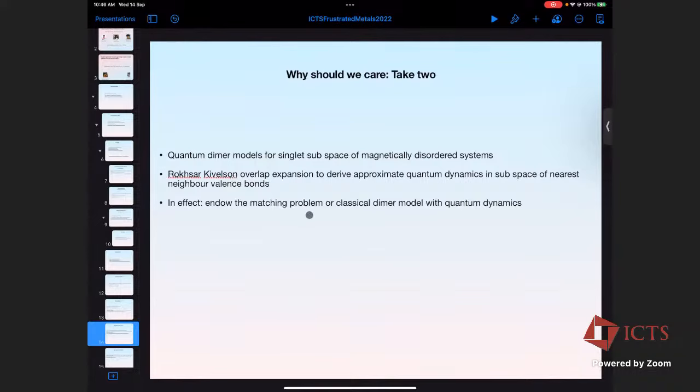And this is what has come to be known as quantum dimer models. And in effect, if you think of it from a statmech perspective, it's taking a classical dimer model and endowing it with some quantum dynamics, right? And the idea is that it's a model or an approximation for the singlet subspace dynamics of a spin liquid phase, for example. So this is another reason why it's interesting to think about dimers.